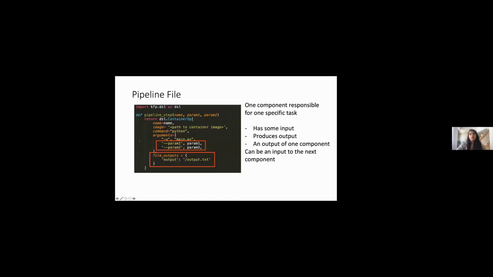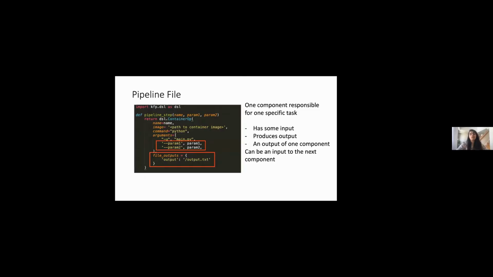So if you look at this code bit, each component looks like a function, right? Think of it as having input and output parameters. Continuing with the pre-processing example, you have parameters 1 and 2: the data, and also a column on which you want to do the pre-processing.